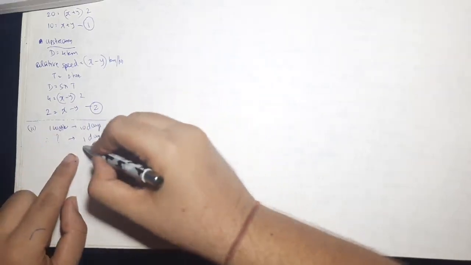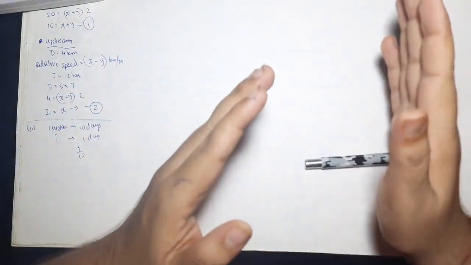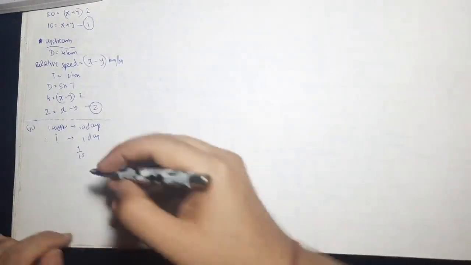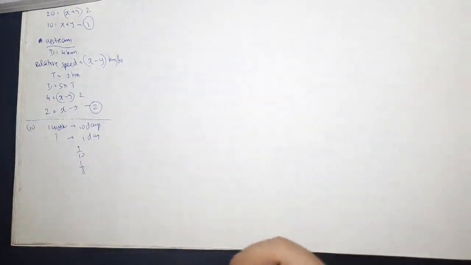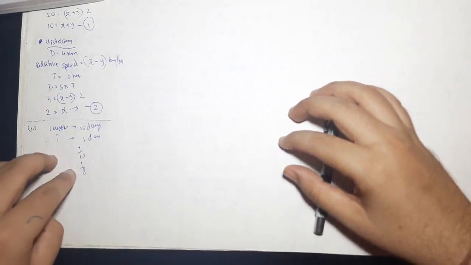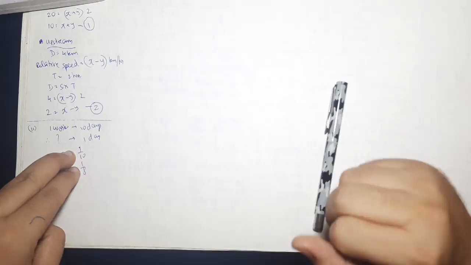By cross multiplication, 1/10 of the work will be completed in 1 day. Similarly, the second person takes 8 days, so the one day work of that person will be 1/8. If these two workers work together, we add these two, and this much work will be completed in one day.